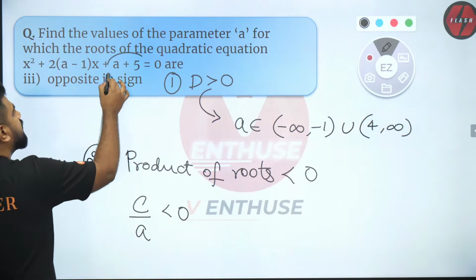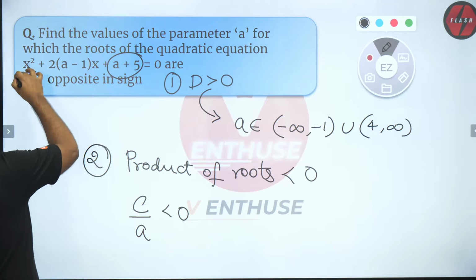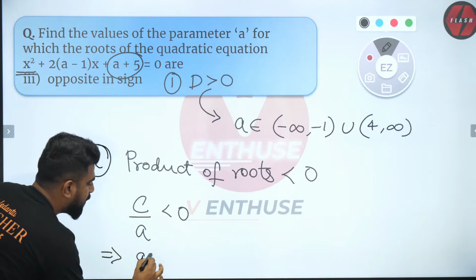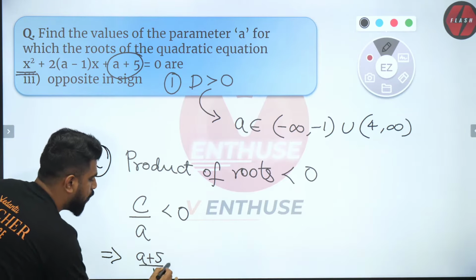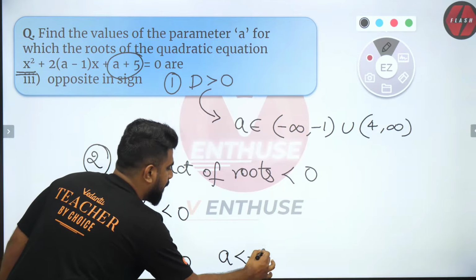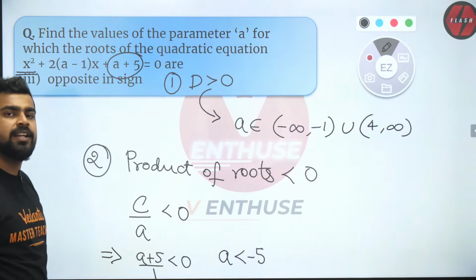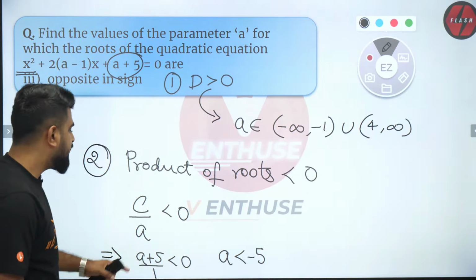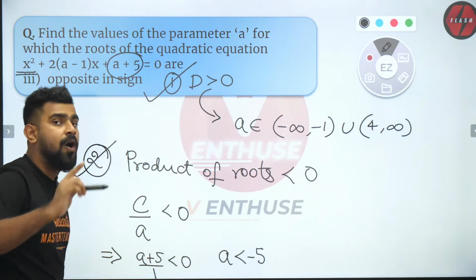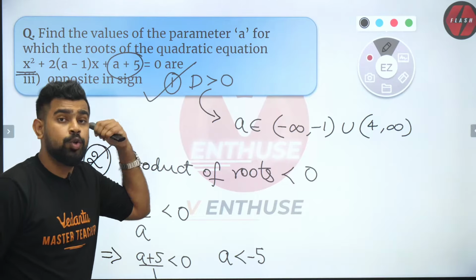What is C? C is A plus 5. A is 1. So I can say that A plus 5 divided by 1 is less than 0. So A is less than minus 5. Isn't it brilliant? So this is the second condition. That's it. There are only two conditions for opposite sign roots.